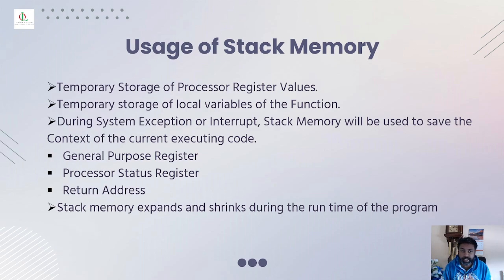It is also used for temporary storage of local variables of the function. And during a system exception or an interrupt, stack memory is used to save the context of the currently executing code via general purpose registers, process status registers and a return address.